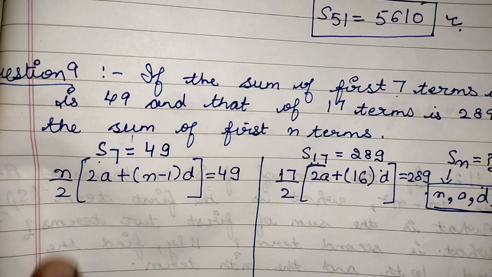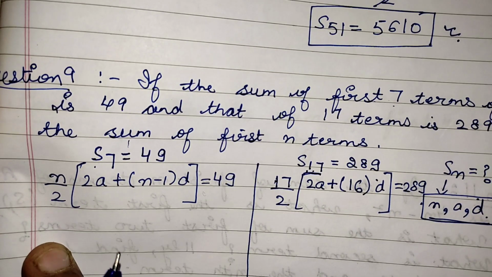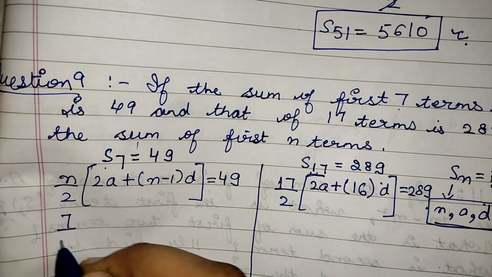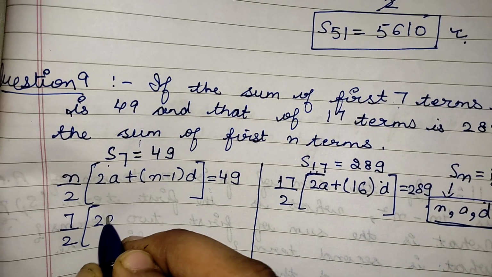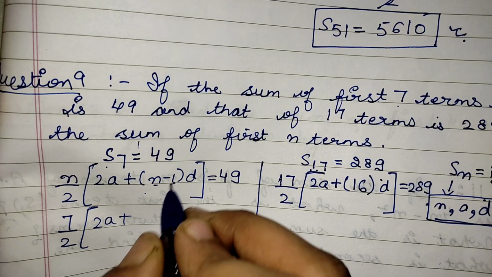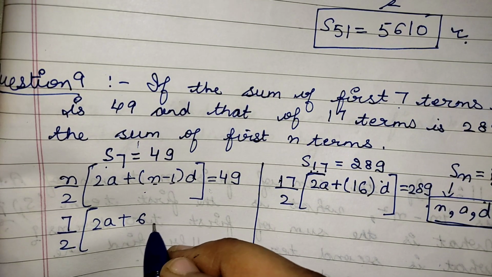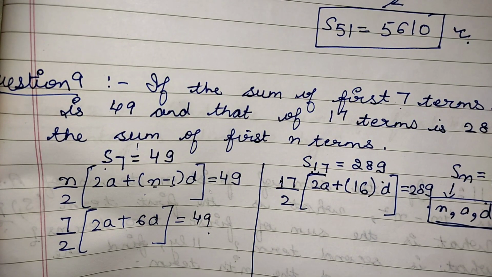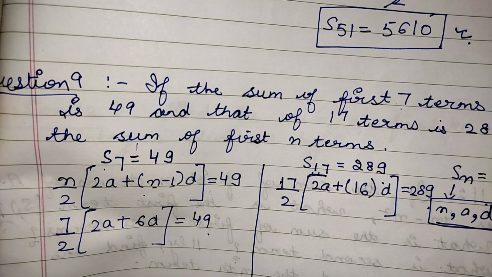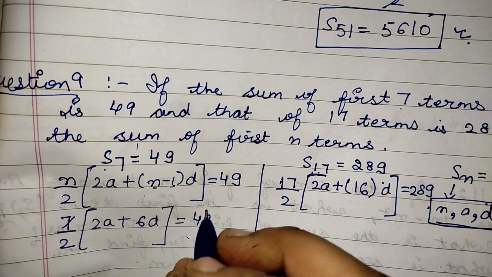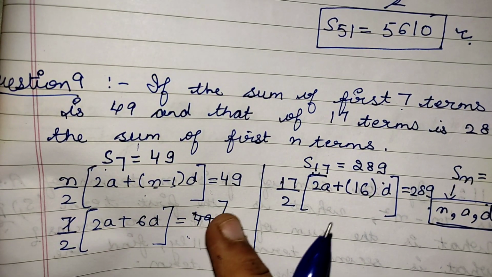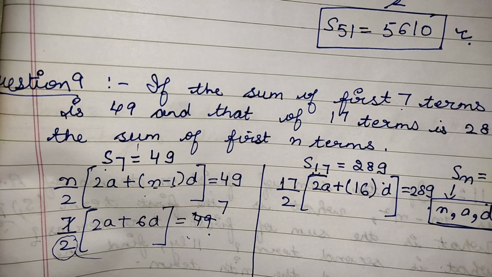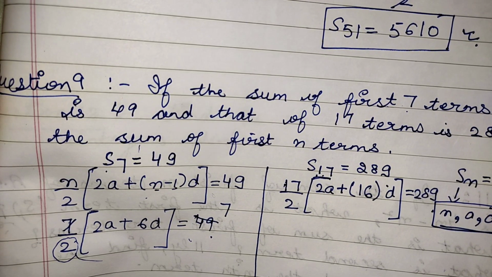Okay, so let's put the values here and cancel out what is getting cancelled out. N is 7, so 7 by 2 into 2a plus 7 minus 1, which is 6d, is equal to 49. Now you can see that 7 sevens are 49, so it will be cancelled out, and this 2 is being divided here. When it goes to the right hand side, it will be multiplied.